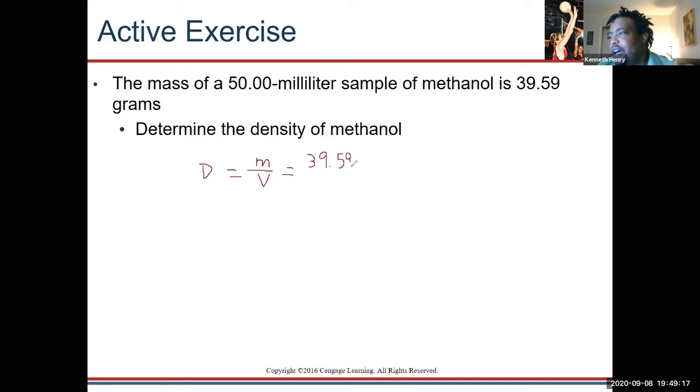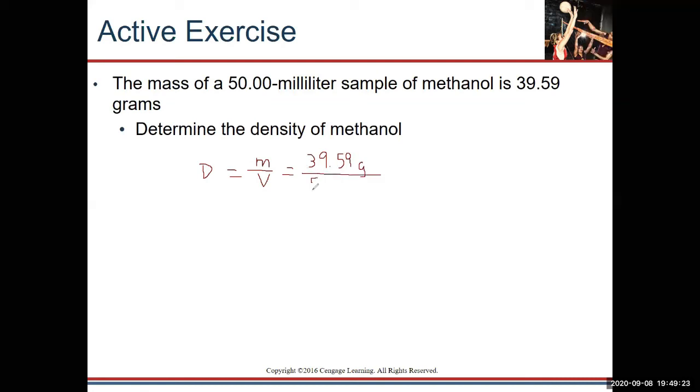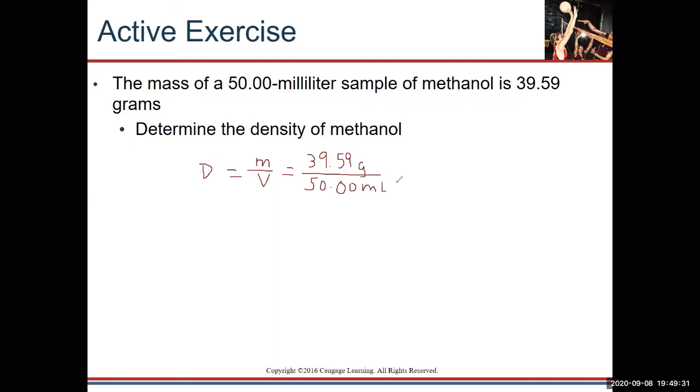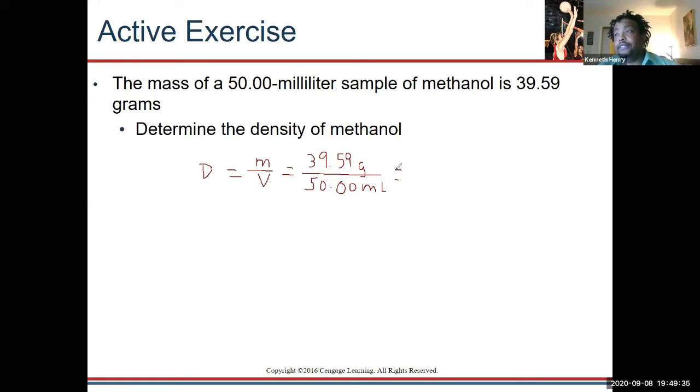And then our volume is 50.00 milliliters. How many sig figs should we have? 4 sig figs. Okay. So what did you guys get?